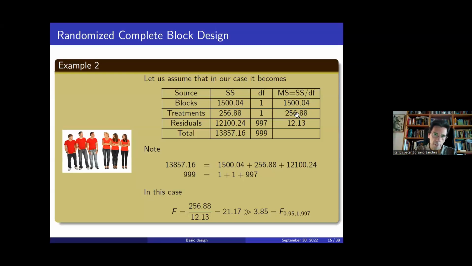The treatments still explain the same amount of variability, but now instead of being only 18 times larger, it is 21 times larger, because now each one of these residual parameters is explaining much less. Before it was 13, now it is only 12, because part of the variability that I could not explain before, now I can explain with the blocks.